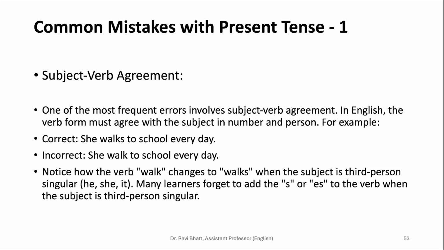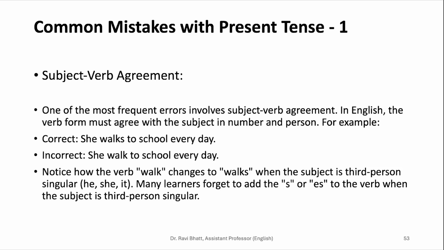Okay. Now, take the incorrect sentence, she walked to school every day. When I know that the subject is a third person singular noun, that is he, she, it, the verb will always have s or es going by the structural formula of simple present tense.